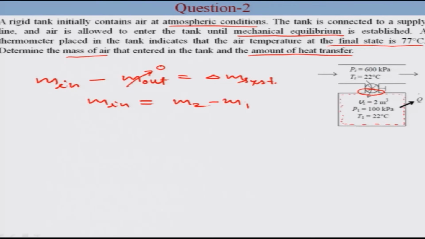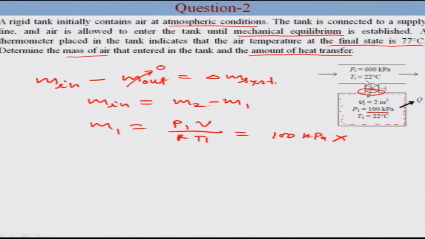Okay. And now here we assume air as an ideal gas, so initial and final mass of the air can be calculated as M1 equal to P1V upon RT1. P1 is given to us, which is 100 kilopascal.